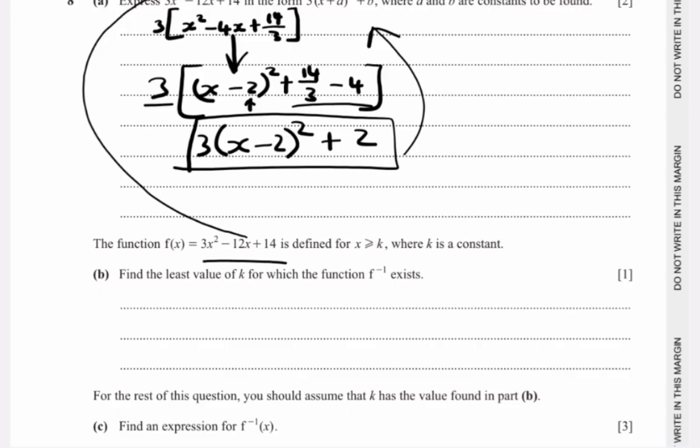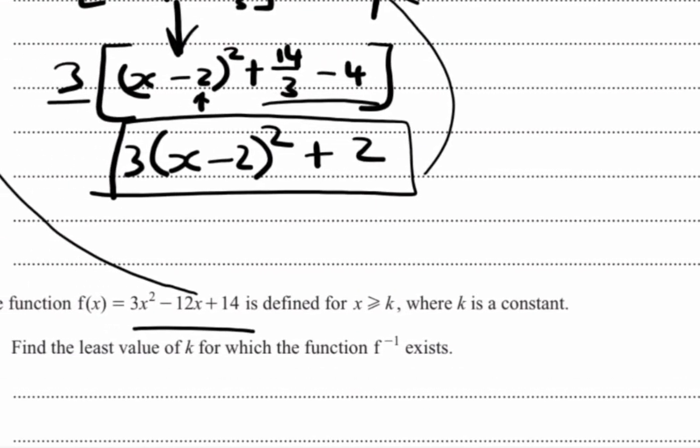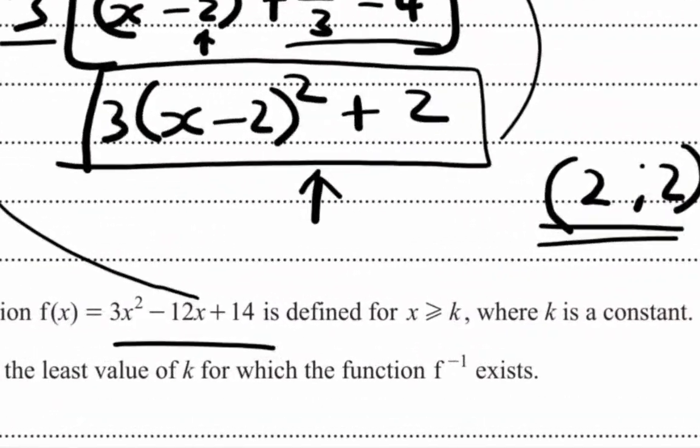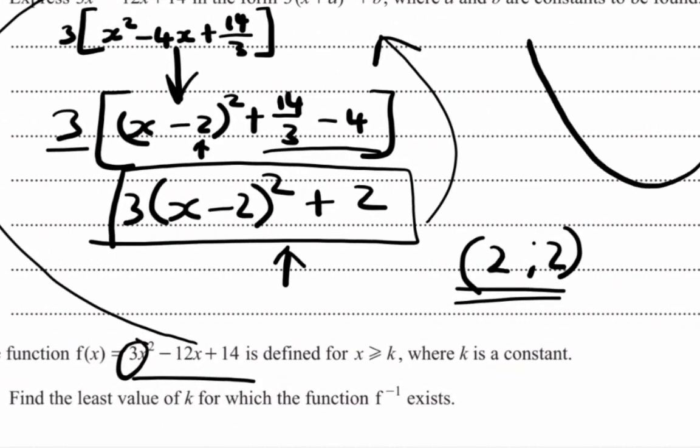So the inverse of f of x will only exist if our function f of x does not have a turning point. So when you're looking at this, we can see that the coordinates of our turning point are 2 and 2, right? Meaning, you can see that there is a positive coefficient of x squared, meaning it's facing upwards like this.